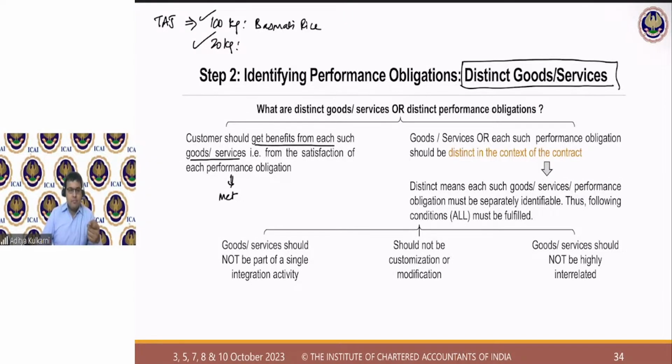On day one, Taj estimates that it requires 100 kgs of basmati rice for the coming week. What happens on day two is suddenly 150 guests come for a birthday party of one of the customers of Taj. So at the birthday party, there was a huge consumption of basmati rice.